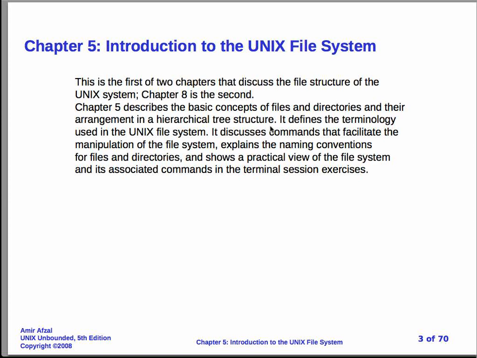Those are all things you want to get used to. For the main part, we will discuss commands that allow you to change the file system, move around, or navigate the file system. We'll look at naming conventions for files and directories and show you basically how most Unix file systems look.